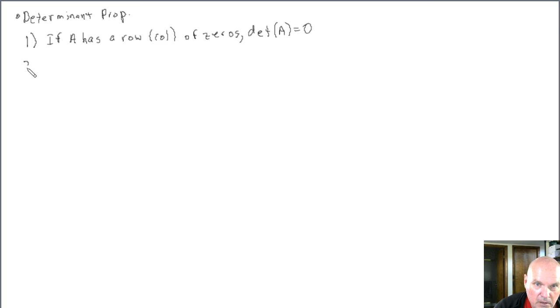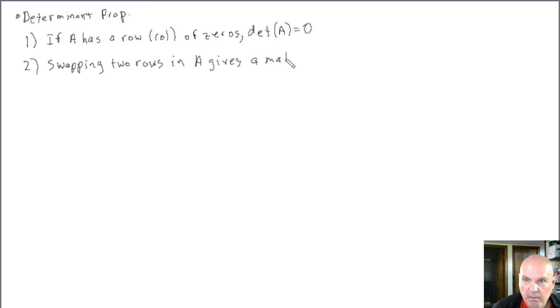Okay, and then let's look at what effect some of the elementary operations have on the determinant. Swapping two rows or columns gives a matrix with determinant equal to the negative determinant of the original matrix.